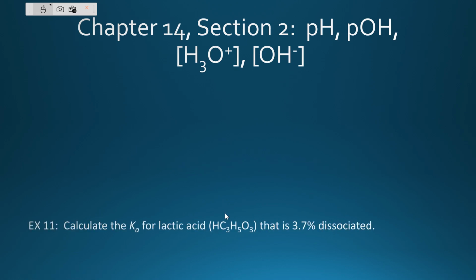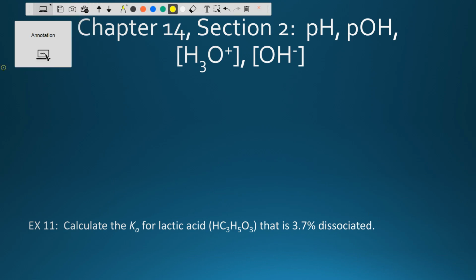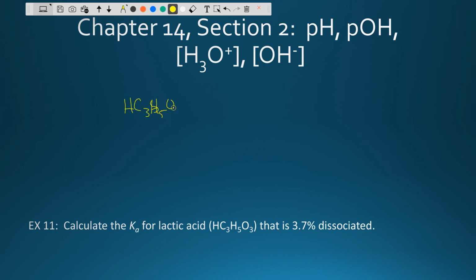Let's take a look at doing this again. We're going to use lactic acid this time and see what it is in terms of percents. Again, we're going to follow the math with this. Here's my lactic acid, C3H5O3.